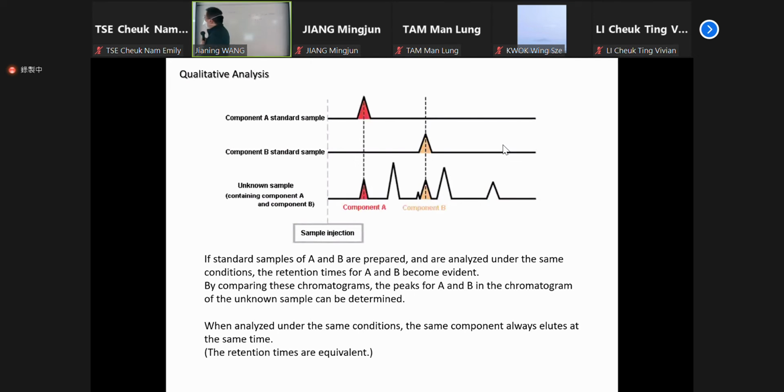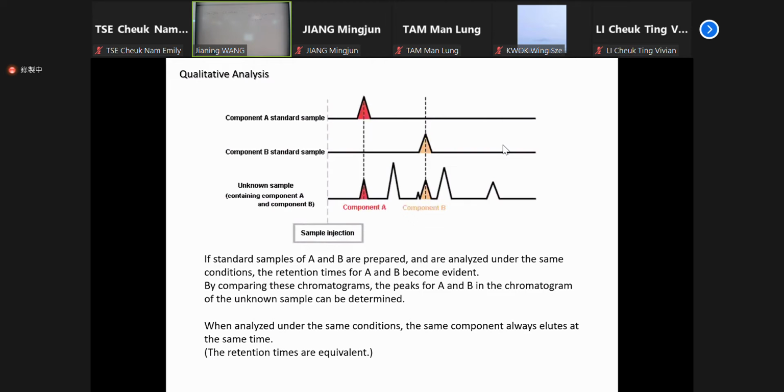So if we want to identify some peak, we want to know which molecule exists in your sample. You may use a standard sample and run the separation at the same condition as your real sample.